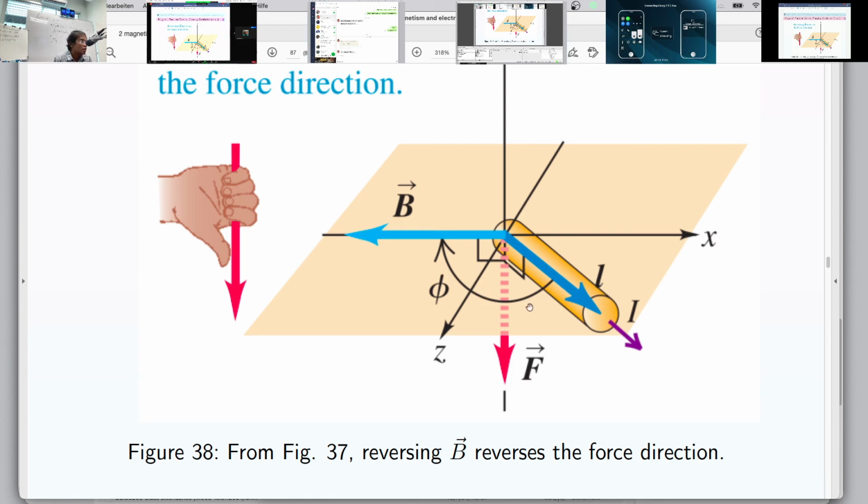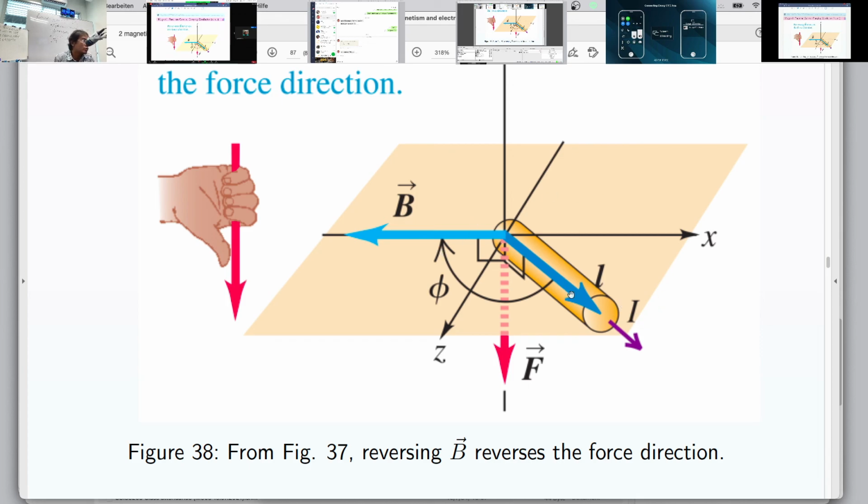You have to rotate your 4 fingers from the first vector, which is vector L, to another vector in the way that you have the angle less than 180 degrees.